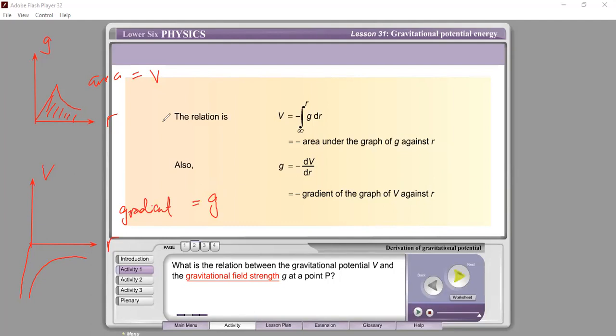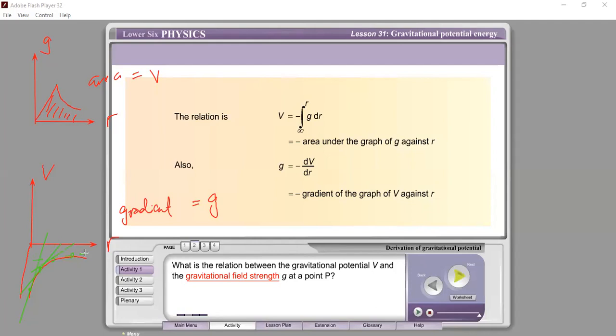So if we choose a few points, this point, this point, even this point, at this point the gradient is like that, at this point the gradient is like that, and at this point the gradient is almost zero.